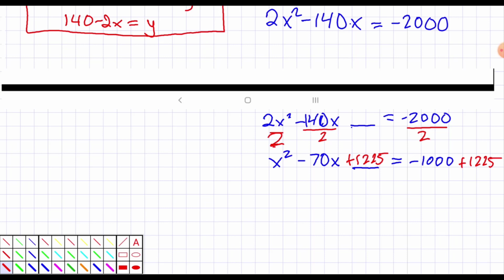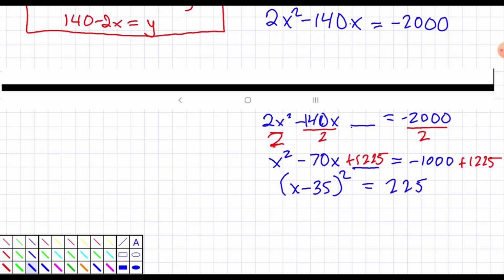Alright, almost done with this guy. So let's change this to completing the square form. So this is going to be x minus 35 squared. And then on my other side of the equation, you get 225. And you should be able to finish this up, no problem.